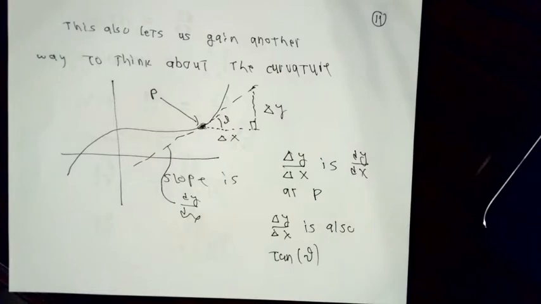So I'm going to call that angle theta. Naturally, as you move around on the curve, the steepness of the tangent line changes, theta will change, and I want to think about how exactly does theta change, and in terms of what variable.